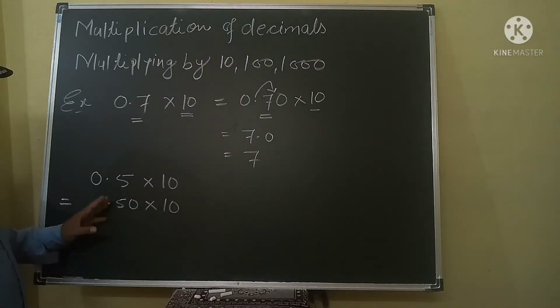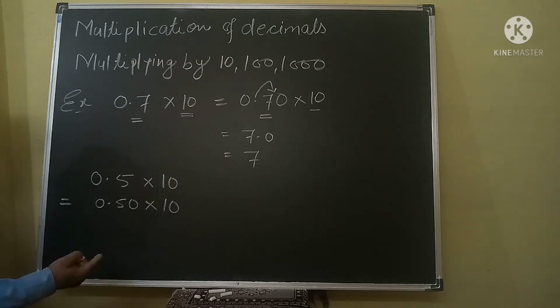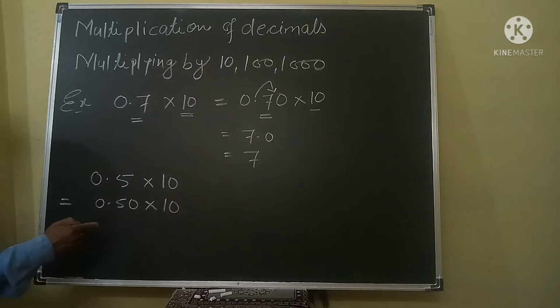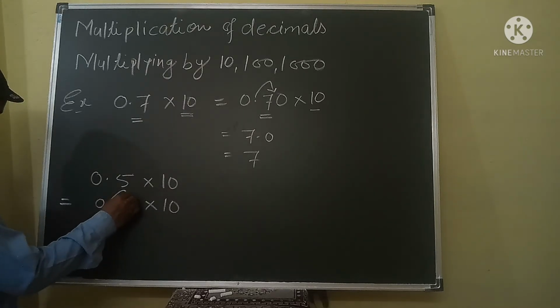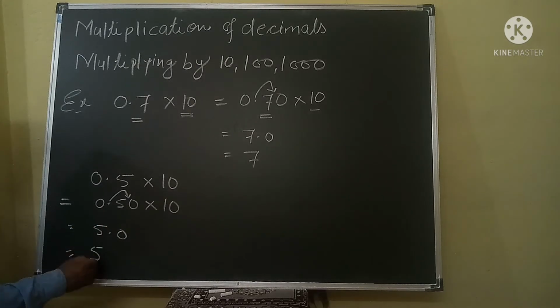Move the decimal point one place to the right. So we will get the new position of the decimal point. It will give you 5.0. 5.0 means 5. This is the required answer for the required question. Okay.